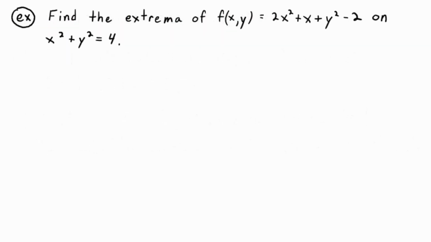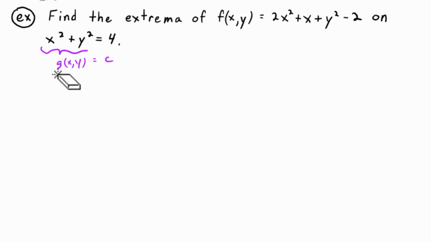So in this example, it says find the extrema of f of xy equals 2x squared plus x plus y squared minus 2 on x squared plus y squared equals 4. So there's two ways to look at the constraint. You could think of this as g of xy equals the constant 4.